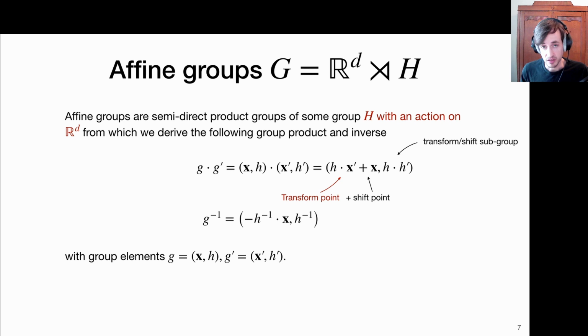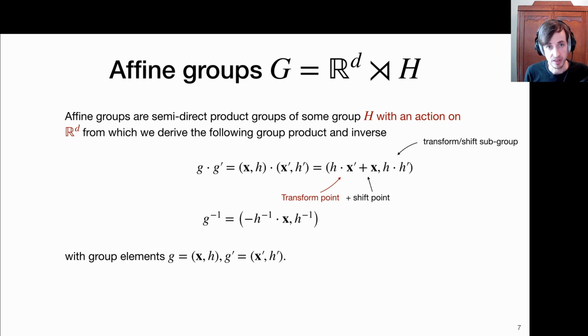And maybe a last note on terminology. These kinds of groups are called semi-direct product groups, because we have a group of translations and we have a group of, let's say, rotations. So both are groups on their own, but once we combine them via a semi-direct product, the H part is just combined with its group product defined as such, but for the R^d part, the left part of this symbol, there's some interaction, some mingling going on between transformations in H and the translations.